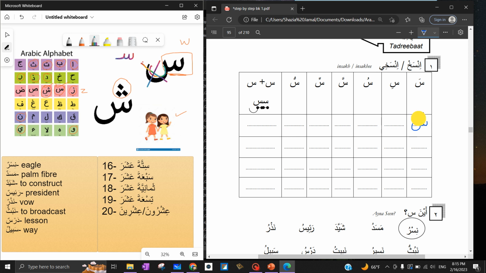Now, seen with fatha: seen, again W, then goes down the semicircle and a bit coming up. Seen with kasra: then W, then going down half the way and up. With dhamma: then seen, again the W. Then going down with the pot belly, with the shadda and a fatha.